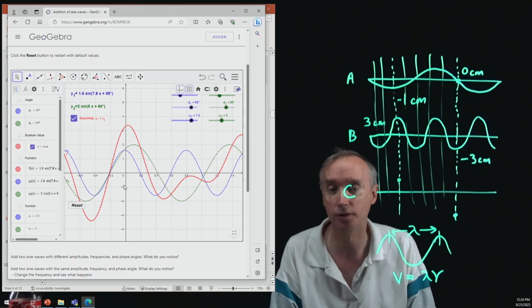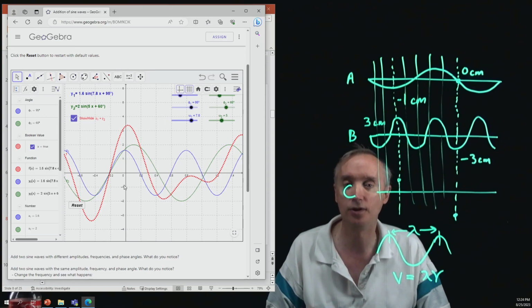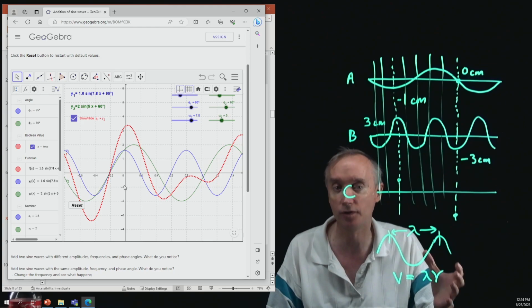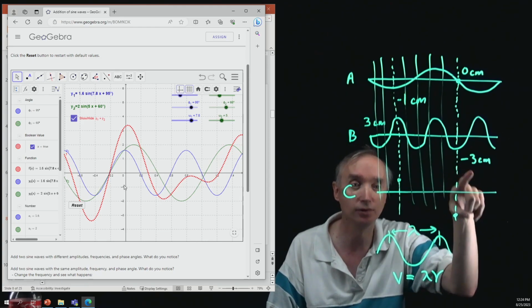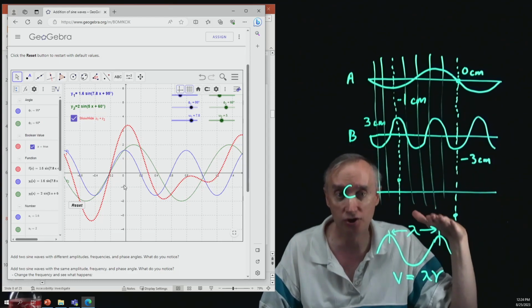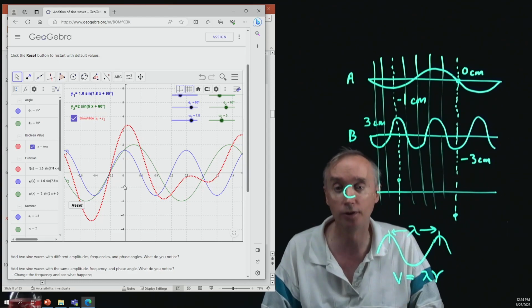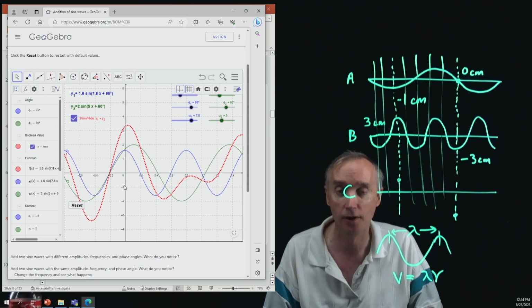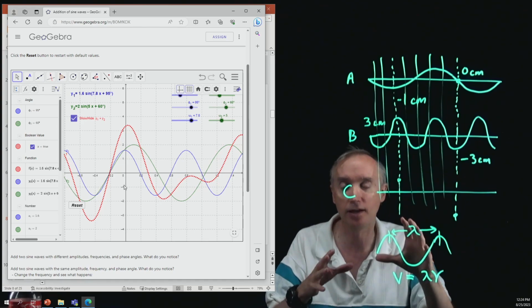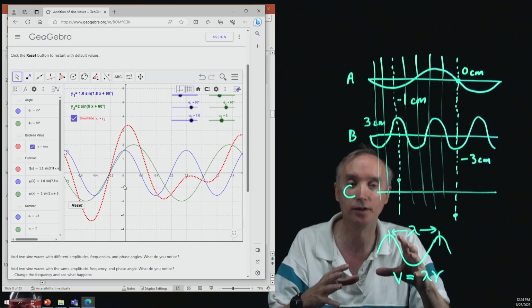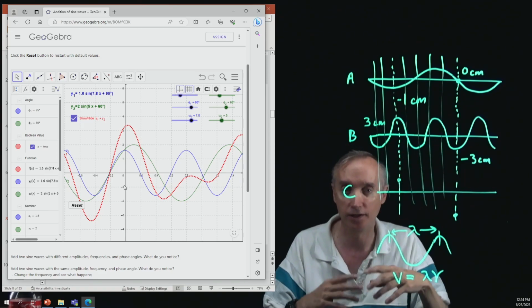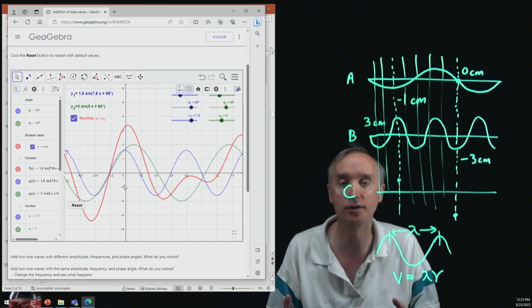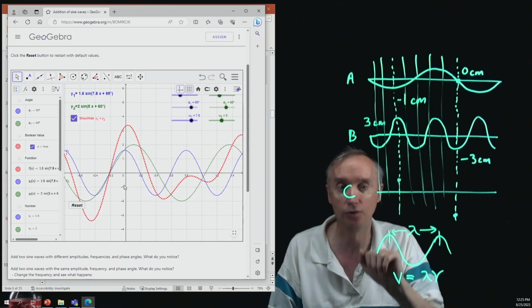Ocean waves. Let's say you have an ocean wave off the coast of Australia, a nice looking wave generated by wind blowing across the ocean surface, and it's traveling north.